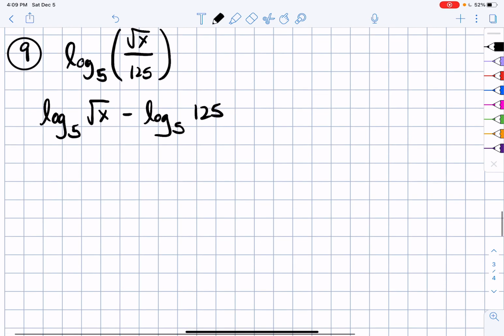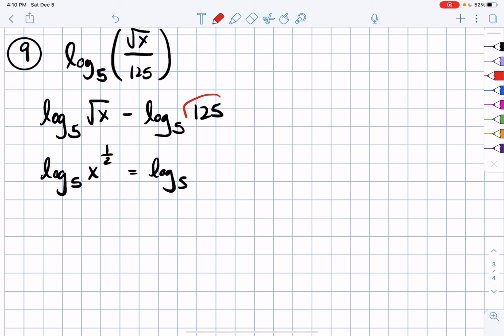So I have log base 5 of x raised to the 1/2 power, because square root is the same thing as a rational exponent of 1/2, minus log base 5 of 125. And 125 can be written as 5 times 5 times 5, right?